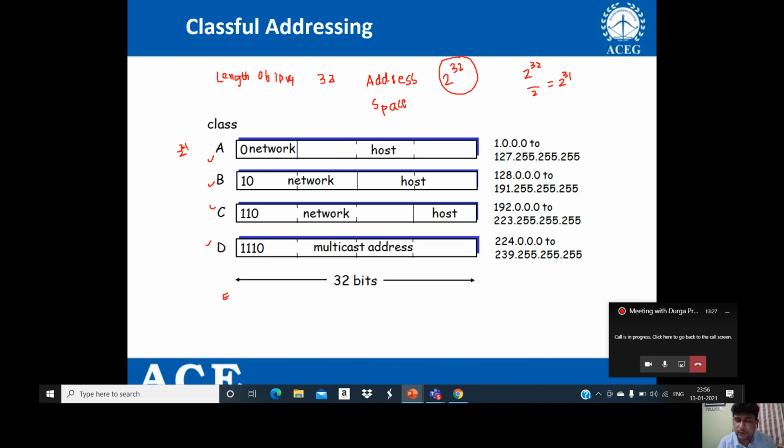Now, of the remaining addresses, half are allotted to class B, so it is going to have 2 power 30 addresses. Next, class C has 2 power 29.